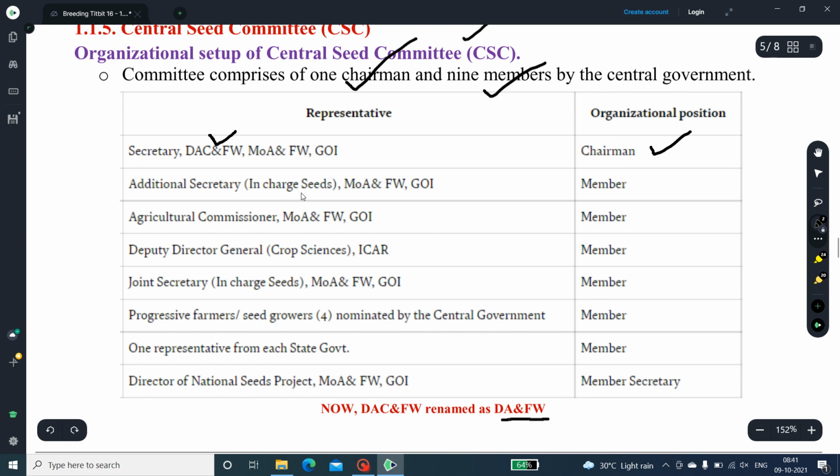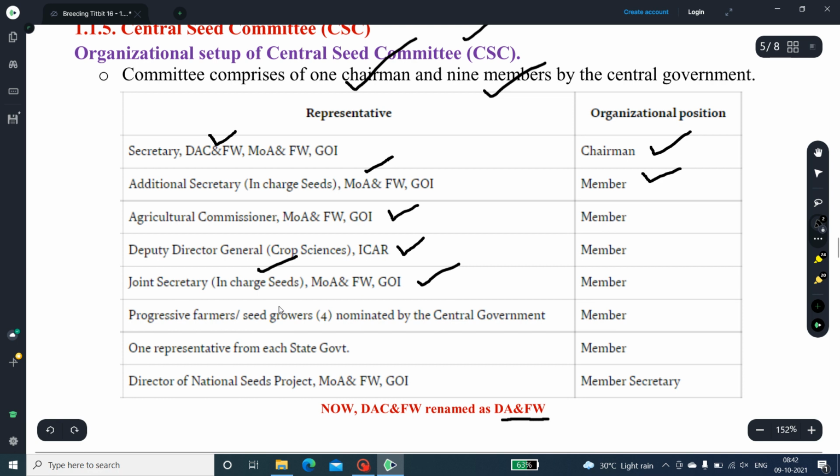Additional secretary in charge of seeds, the Ministry of Agriculture and Farmers Welfare, Government of India is the members, and other members are the Agriculture Commissioner of Ministry of Agriculture and Farmers Welfare, Government of India, Deputy Director General Crop Science of ICAR, Joint Secretary in charge of seeds of Ministry of Agriculture and Farmers Welfare, Government of India.